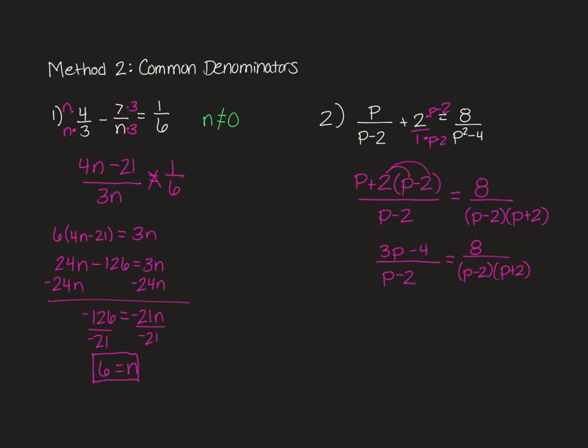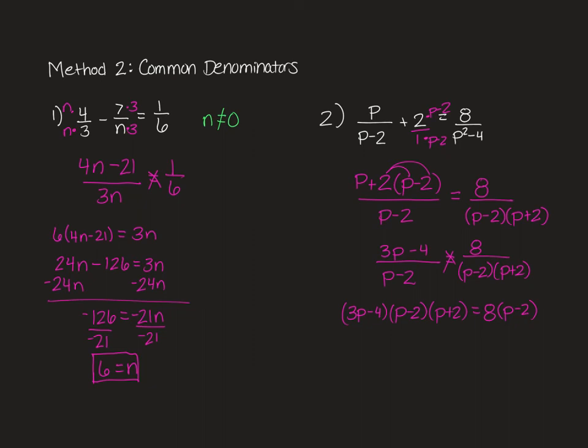Okay, now I have the fraction equal to the fraction. I can cross multiply. So I will get 3p minus 4 times p minus 2 times p plus 2 is equal to 8 times p minus 2.